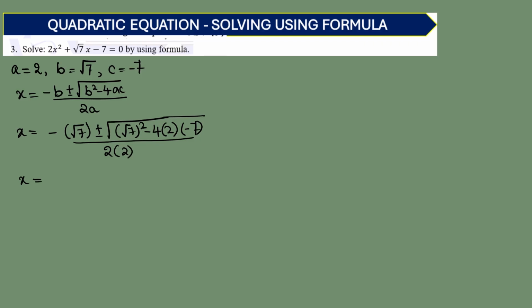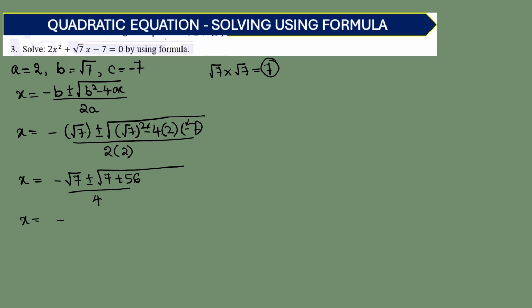So what are my values of x? X is equal to minus under root of 7 plus minus under root of, what is under root of 7 the whole square? Root 7 into root 7 is 7. Remember, okay? So under root of root 7 is 7. This minus and this minus becomes plus. 4 2s are 8. 8 7s are 56 divided by 2 into 2, that is 4.